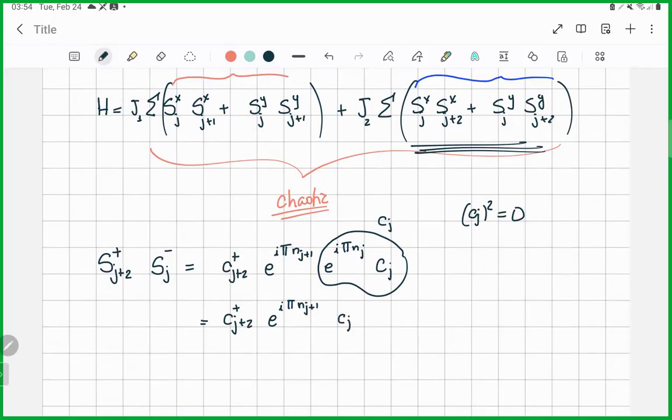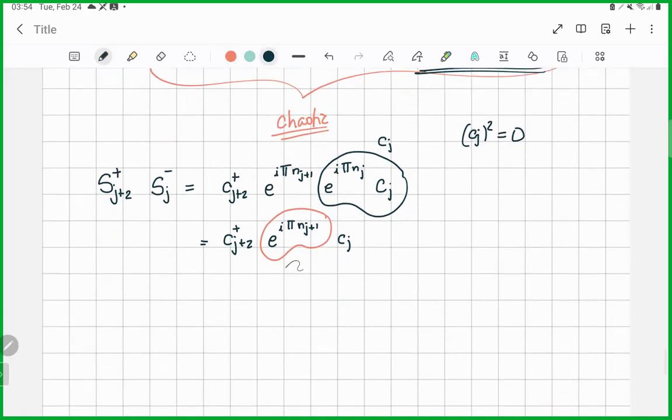Very good. Well, how about this term now? Aha. If you go through the whole process of expanding that term, what we are going to get, we already saw, we are going to get 1 minus 2n, the number operator. But now this is n_{j+1}.